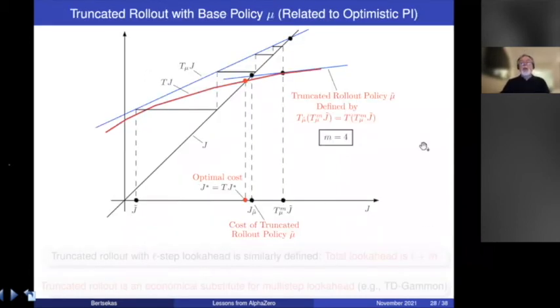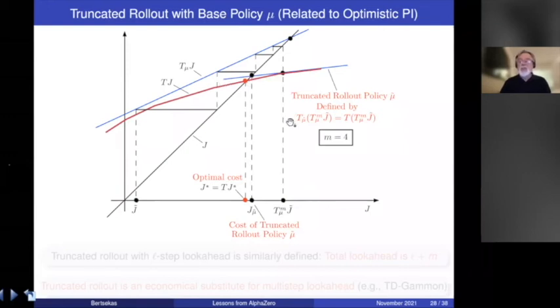Okay, so now let's go into truncated rollout. Rollout is a single step of Newton step starting from the base policy. Truncated rollout starts from some J tilde, does several value iterations using the mu operator, and then at that point takes the Newton step.